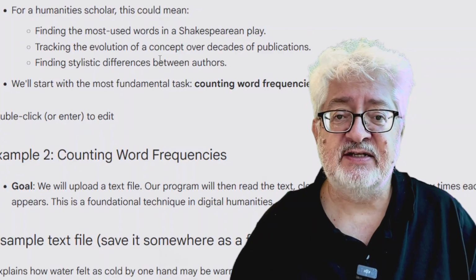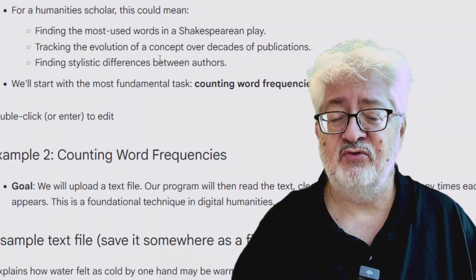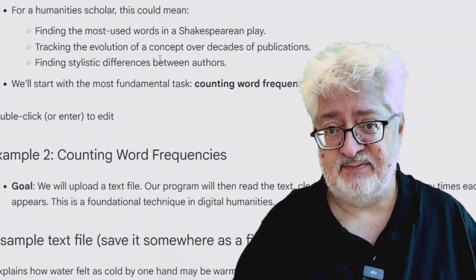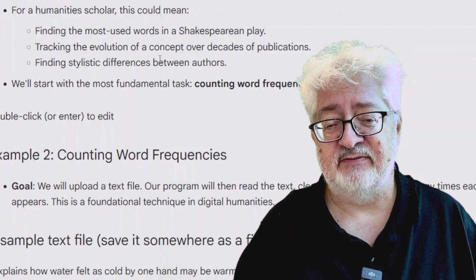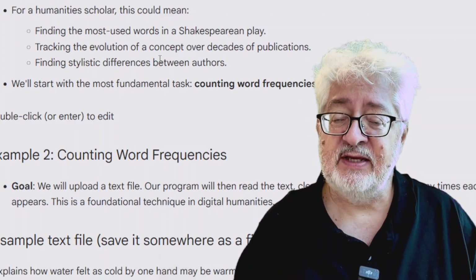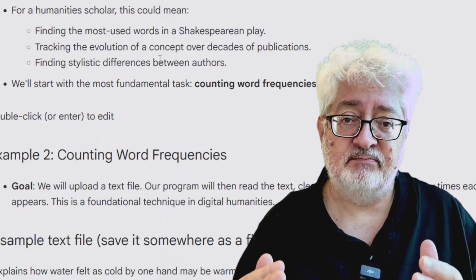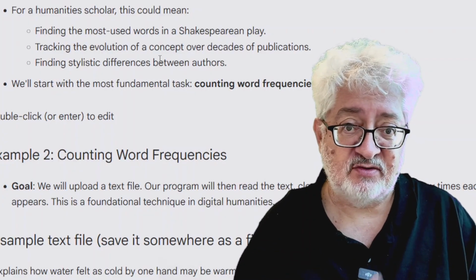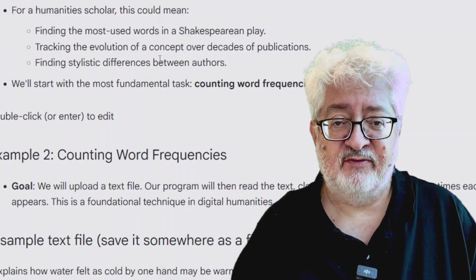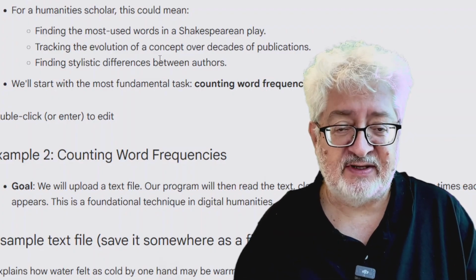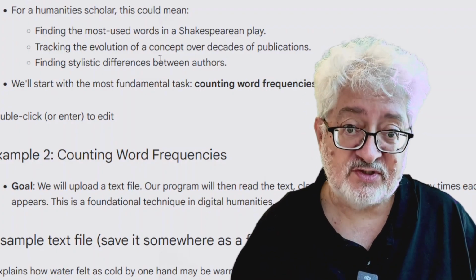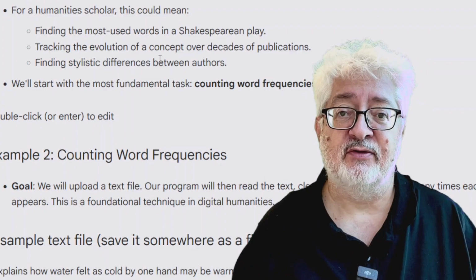Or you can find stylistic differences between authors. Another thing you would do in the humanities, you want to see, did Shakespeare actually write this play? And so you make an analysis of the statistical properties of plays you know are from Shakespeare, and then you would afterwards look at the play that you're not sure about, and compare the occurrence of particular words that are Shakespeare specific in this new play, and see if it also looks statistically like it is from the same author.